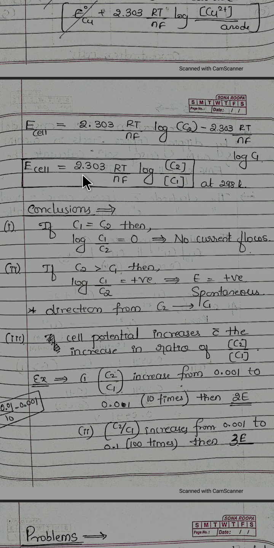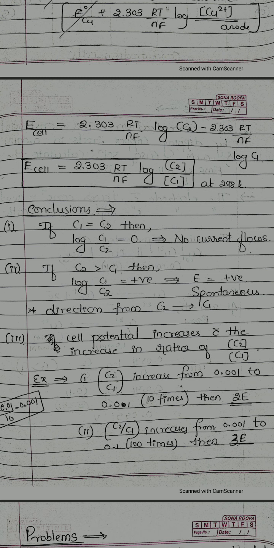E cell equal to 0 indicates that no current flows. So totally what it indicates is, when the concentration of the solution is the same on both sides, like anode and cathode, at that time you don't have any current flow because no electrons are flowing. As you know, when current is moving, potential also flows from higher potential to lower potential.